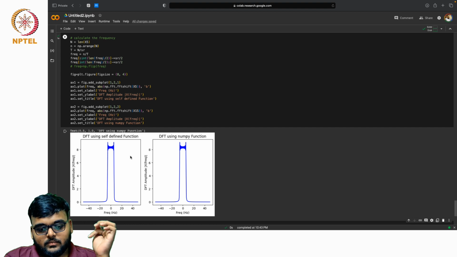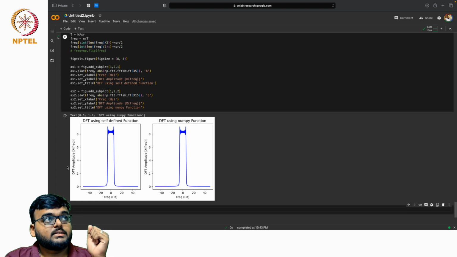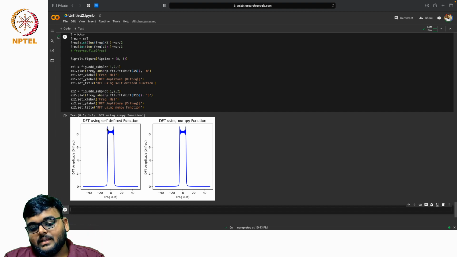A square pulse, not wave, nearly a square pulse. What is happening here is you are discretizing in both the time and frequency domains, which is making the system overestimate and underestimate at the edges.